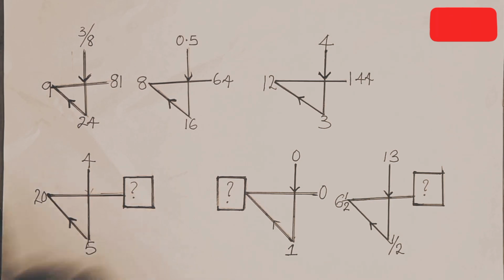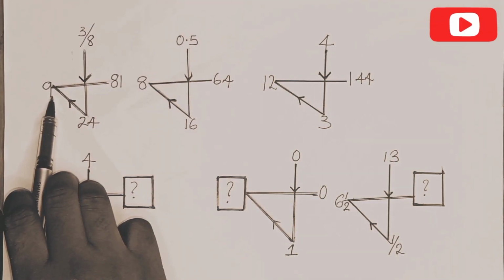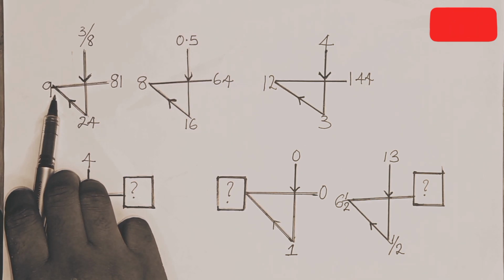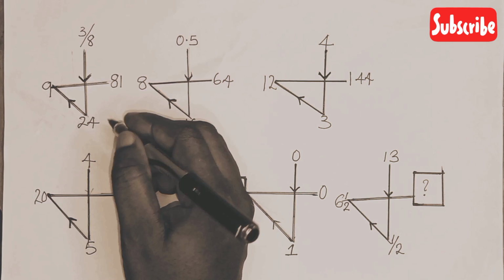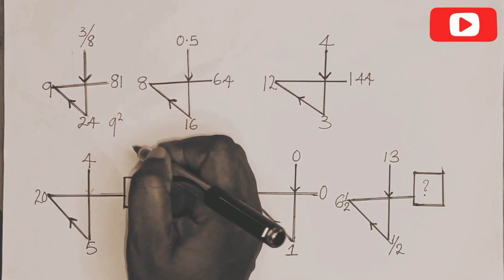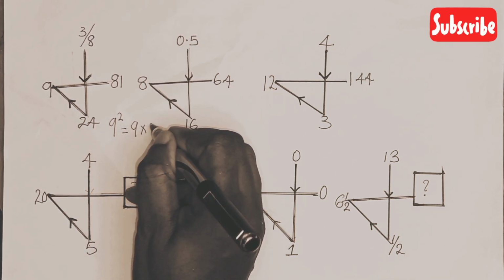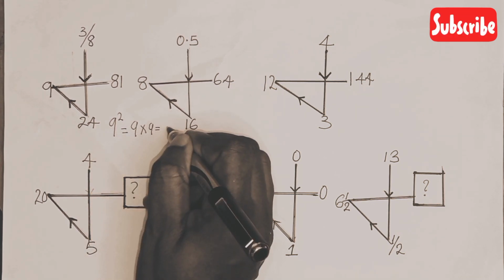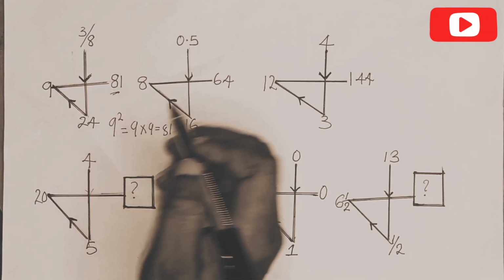Okay, let's quickly look at this. If you notice, you see that 9 is here, and then the square of 9 is 81. Remember, 9 squared, or raised to the power of 2, is 9 times 9, which is what? 81. That's how 81 came about.